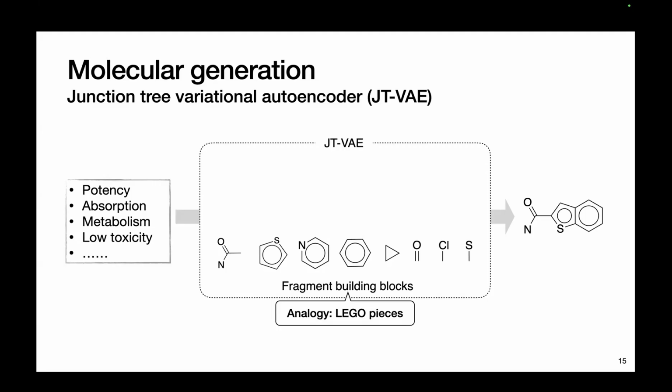And you want to teach the generative model to put these in the correct order so that they are chemically valid, right? This JT-VAE model basically generates molecules autoregressively by picking these functional groups one by one and stitching them one by one, right?